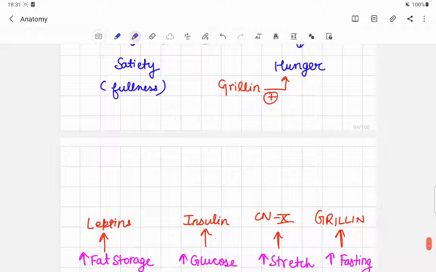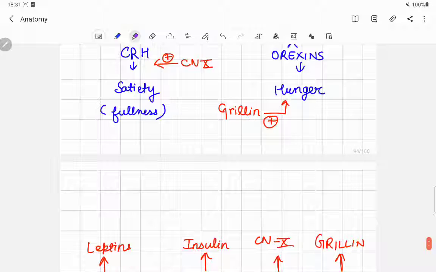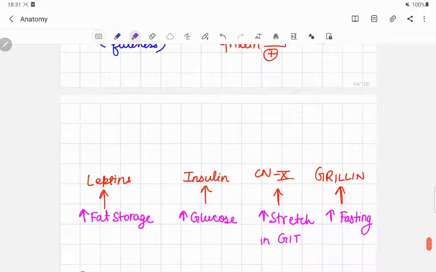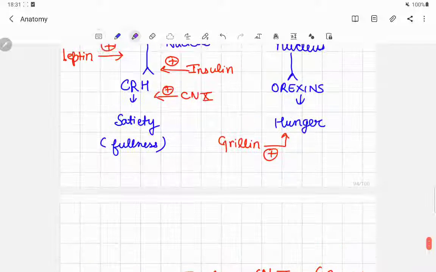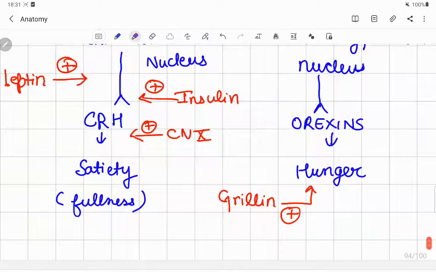In the same way, if you have a lot of glucose, insulin will also act positively on this satiety maintaining pathway, which will enhance the feeling of satiety so that you will not eat more. Similarly, if the gastrointestinal tract is stretched because of the presence of food, the cranial nerve 10, the vagus nerve, will also enhance this satiety center. So all these hormones and structures will help in enhancing the feeling of satiety so that you will not eat any further.